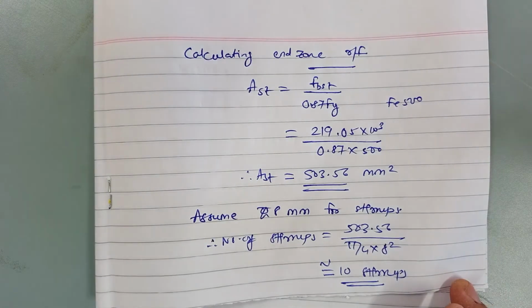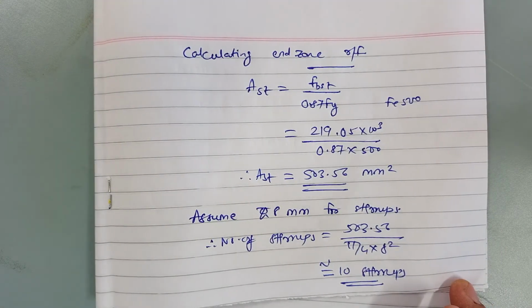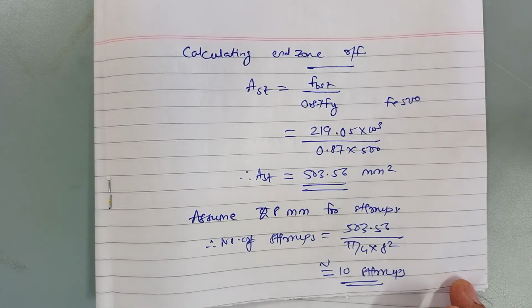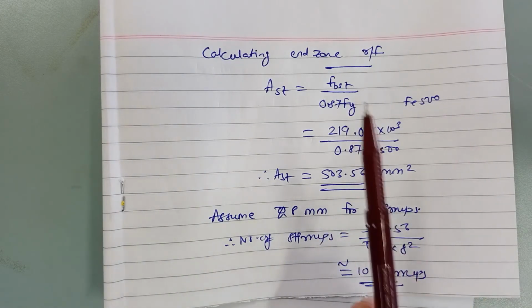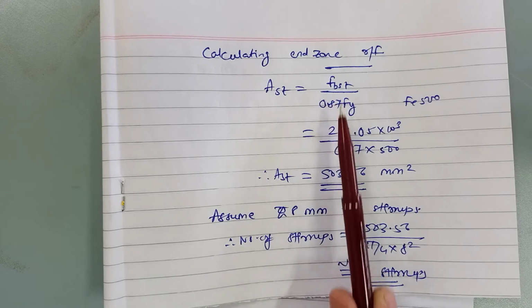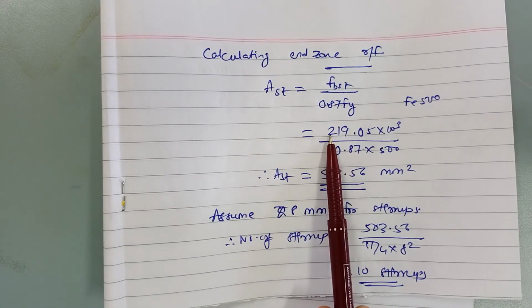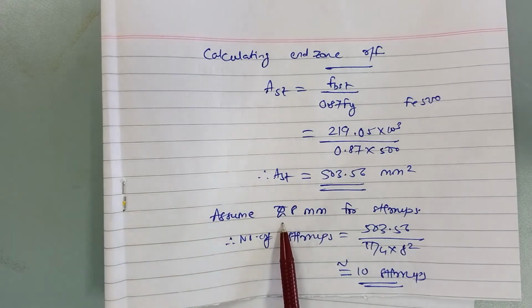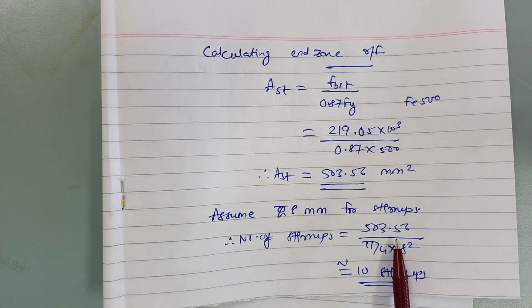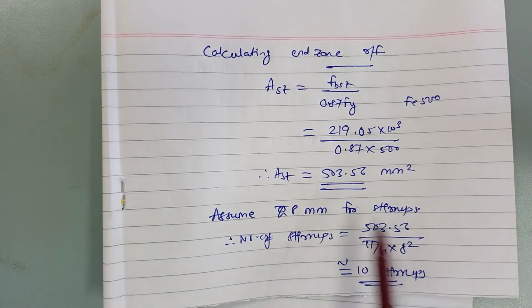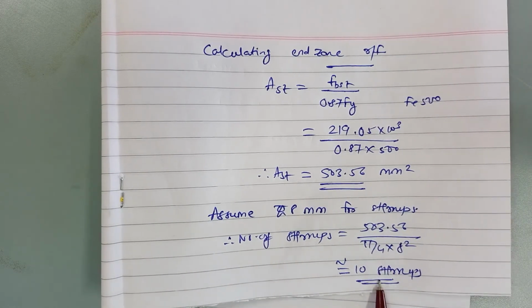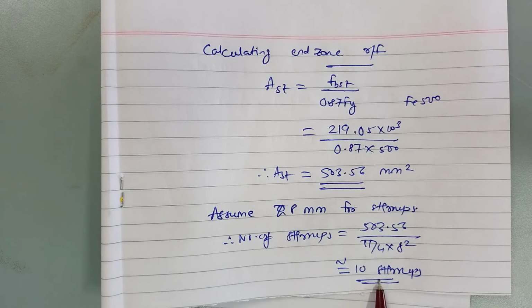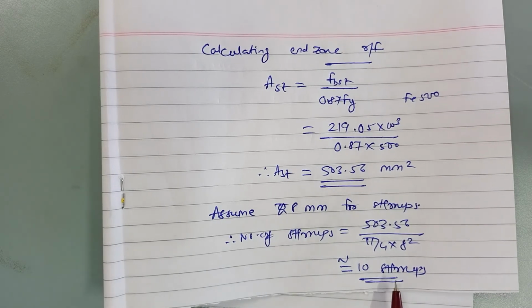Hence total 10 stirrups will be required in the end block zone in the bearing area. We have calculated AST from the FBST value. FBST is the maximum of horizontal bursting force and vertical direction bursting force. Assuming 8 mm torque steel, we calculate number of stirrups as 503.56, the total area of steel required, divided by area of single bar. Hence in all we will require total 10 stirrups.